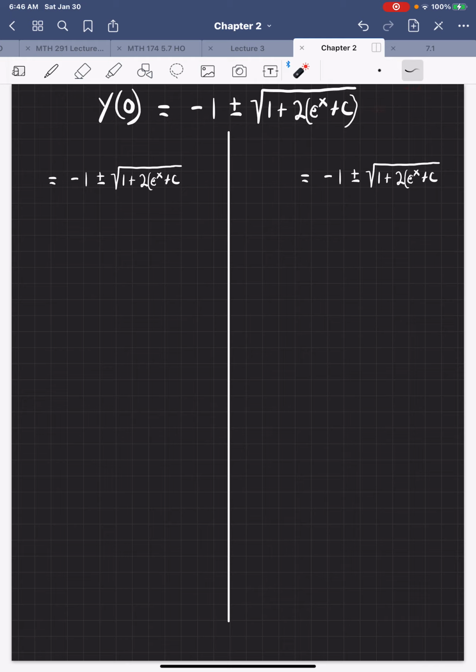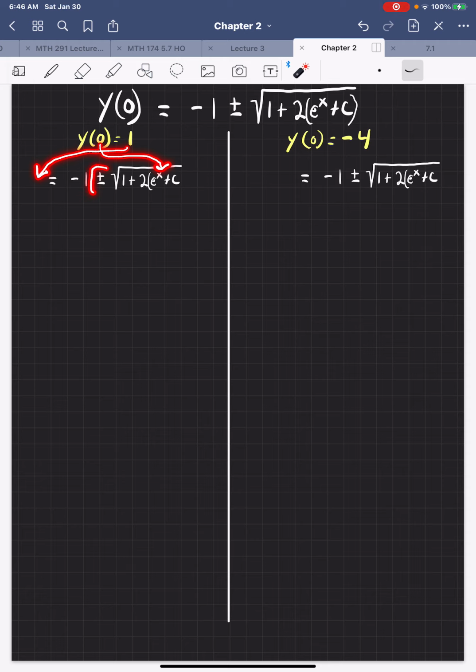And the initial conditions, if you were to go back to the very first part of the problem, were y of 0 is equal to 1, and y of 0 is equal to -4. So what we're going to be doing is plugging 0 in for x and setting this equal to 1.